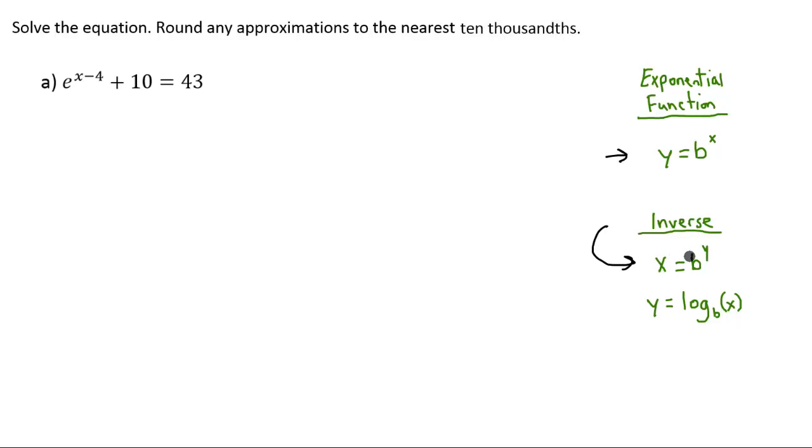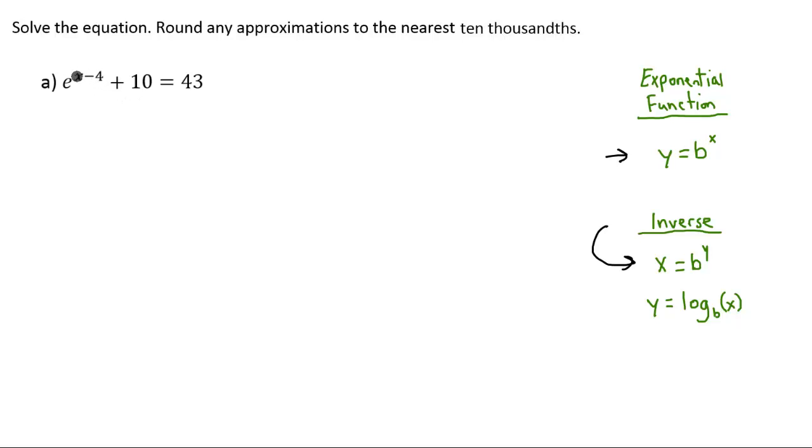Well, if you ever wanted to write that in terms of y, which means just setting it equal to y, you'd have to bring in the log scale, and you would write it like this. y equals log base b of x. So a lot of times we're switching back and forth from this form to this form. Now if we look at part A right here, we have a variable in the exponent, and that's what messes us up.